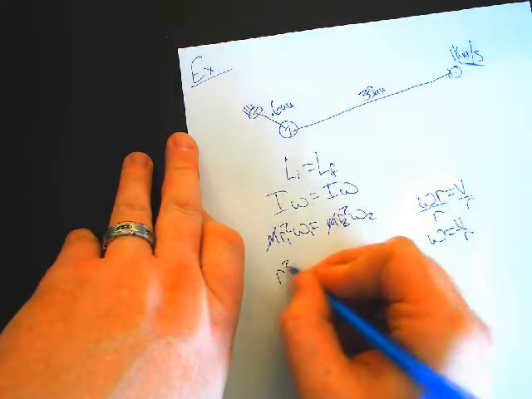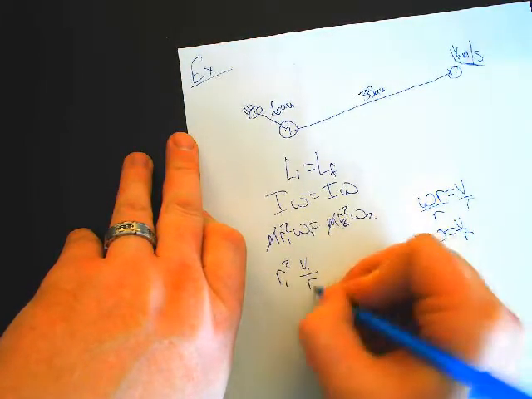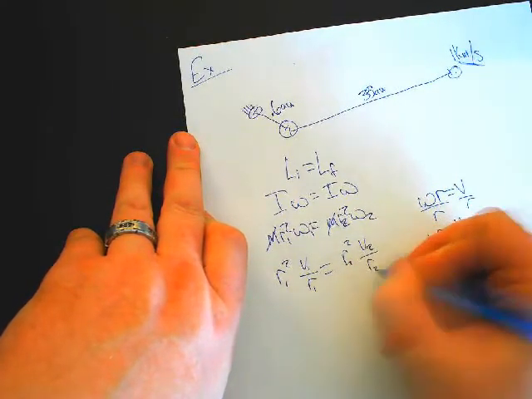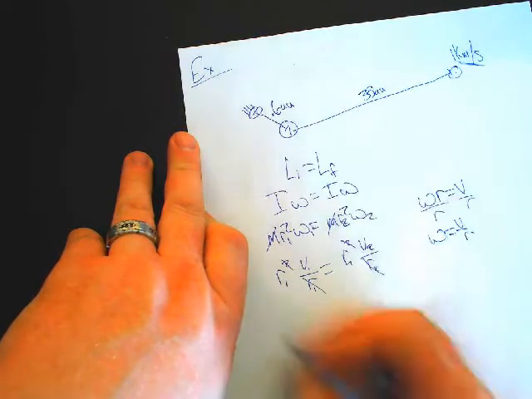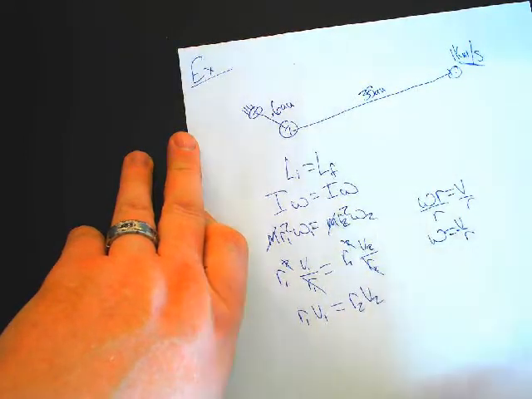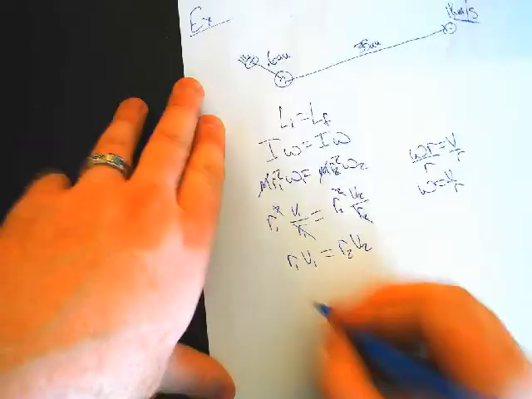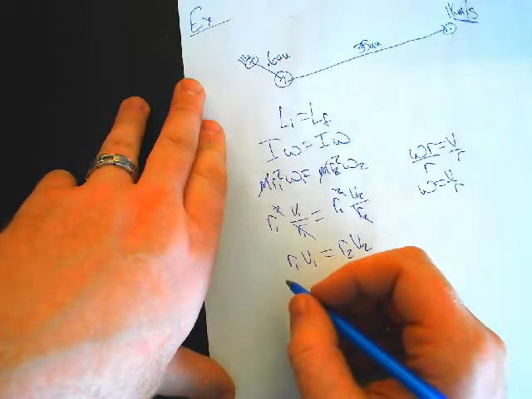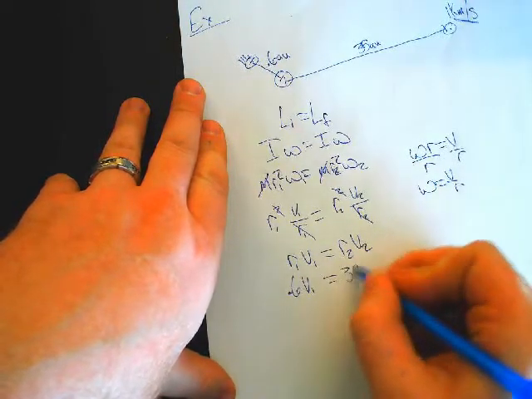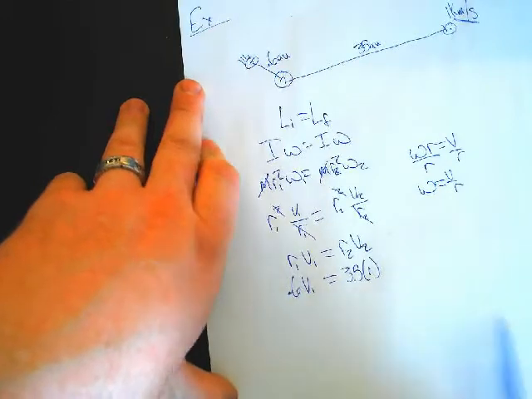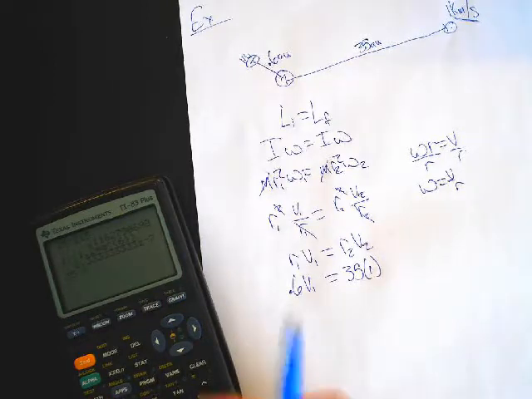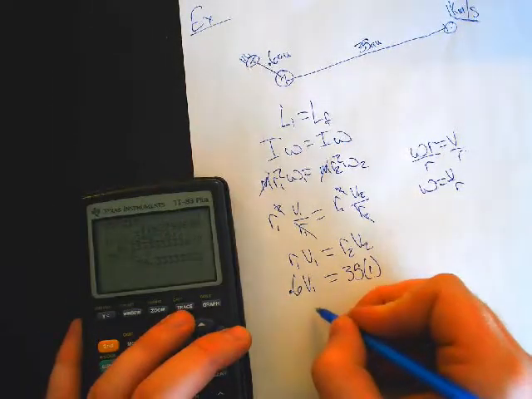So now I have r1 squared v1 over r1 is equal to r2 squared v2 over r2. Cancel out these squares, and I've got a nice, easy relationship here where it's really just a ratio. r1 v1 is equal to r2 v2, not r2 d2, but v2. So I have 0.6 times v1 is equal to 35 times 1. Doing the math from here, 35 divided by 0.6, I get about 58 kilometers per second.